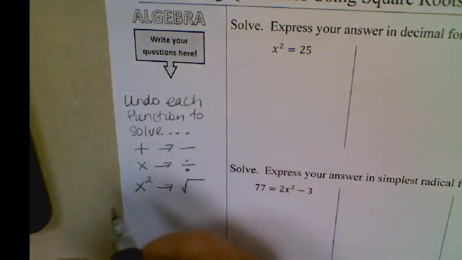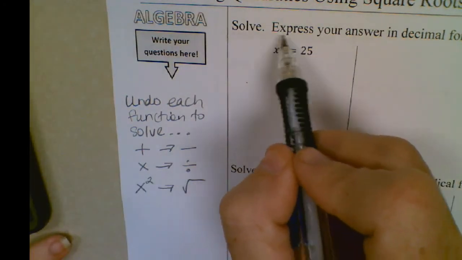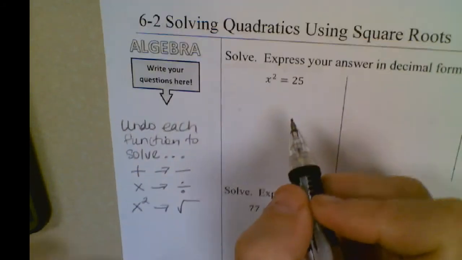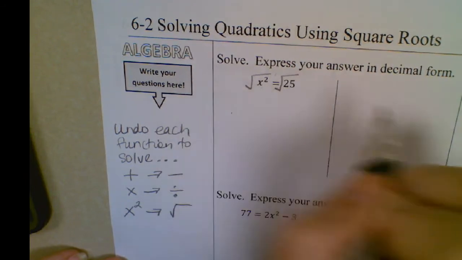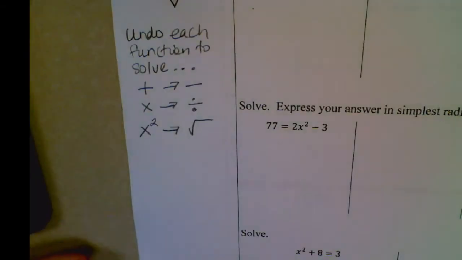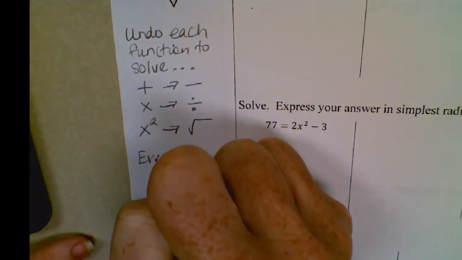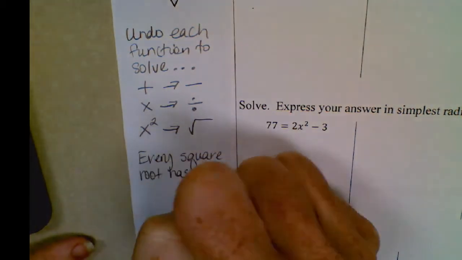So you always want to solve for x, right? You always want x by itself, so you need to undo whatever's been done to it. This x has been squared, so in order to solve that, we need to take the square root of both sides. Now remember that every square root has two answers.